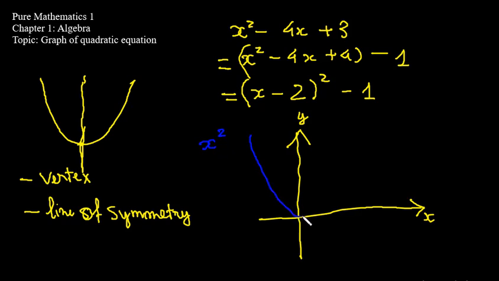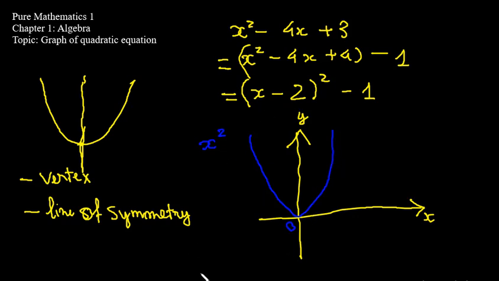Its vertex is the origin, which is (0, 0). From this one, we will use something called transformation to draw the graph of this function. It has the same shape, but the position of the graph is not the same because it has been transferred to another place.